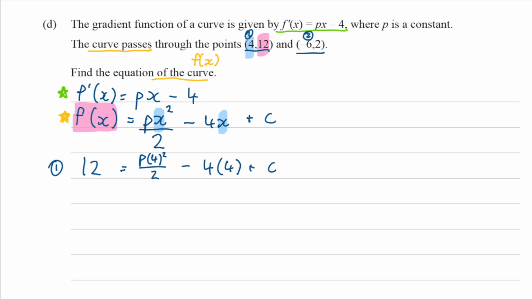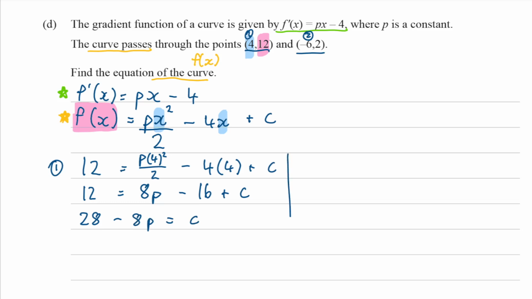Let's simplify that a little bit. 4 squared is 16, divided by 2 is 8, minus 16 plus c. I'll put c on one side by itself, so I'll subtract 8p and add 16. So that's 28 minus 8p equals c.